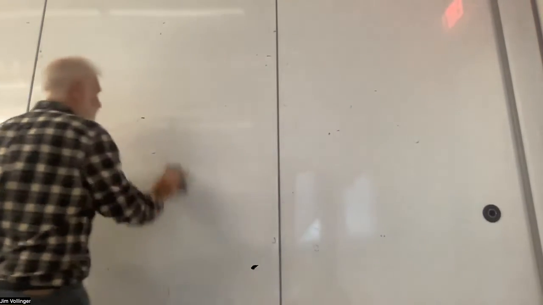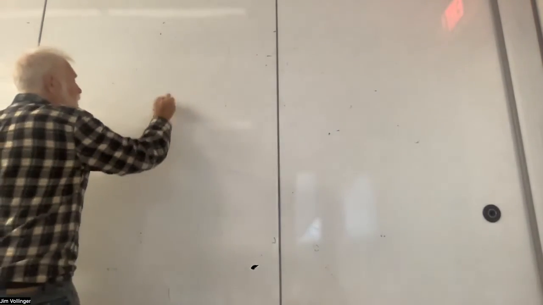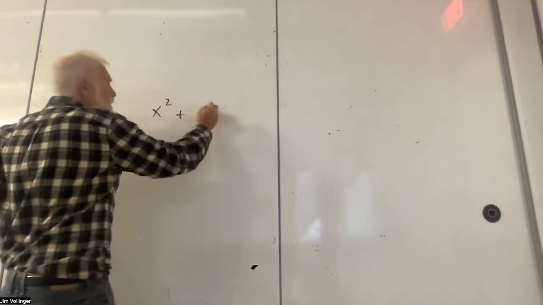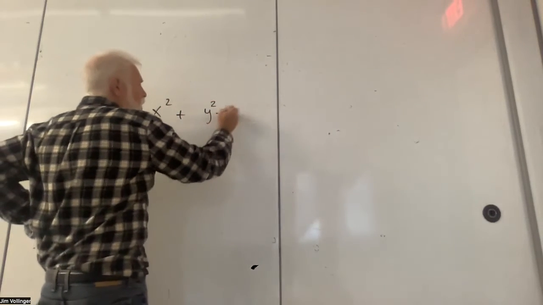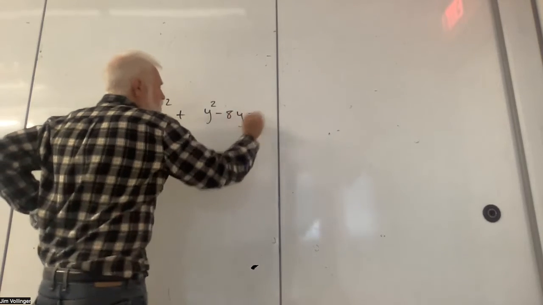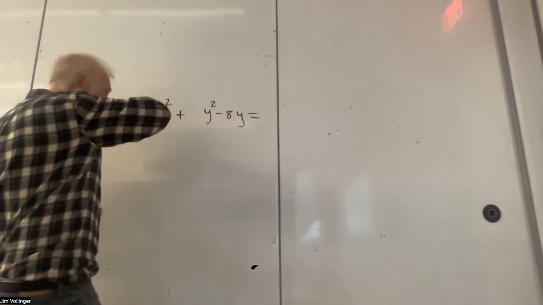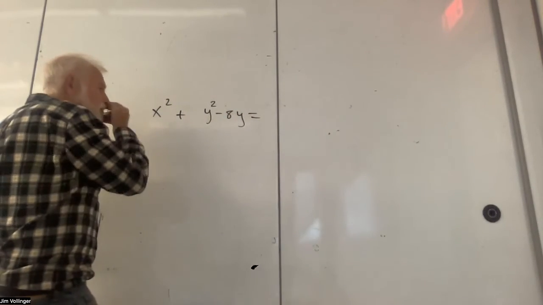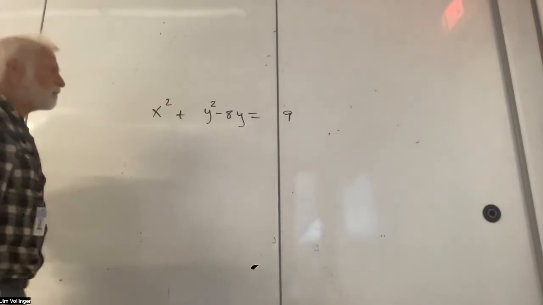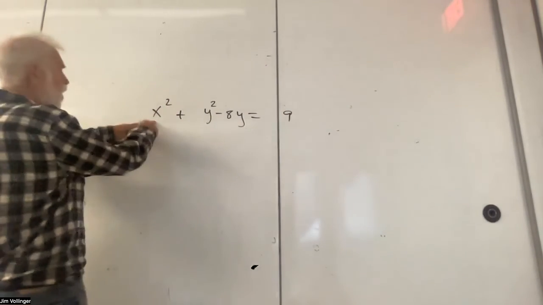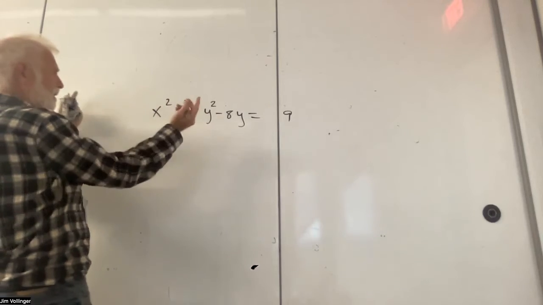One more. All right. Let's go with x squared plus y squared minus 8y equals 9. What do we do? We complete the square. Well, this already is 1. I don't need to do it.